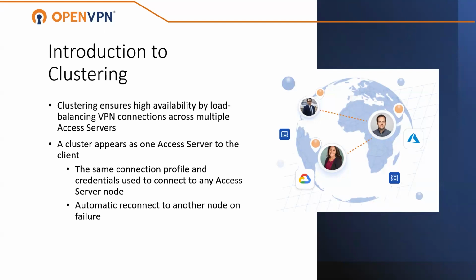And if there is a failure, the Connect app will automatically connect to another of the active access servers in the cluster without treating it as a new connection. So the user does not need to provide their credentials again or authenticate again. It's just a very brief interruption, and then the connection restarts again.